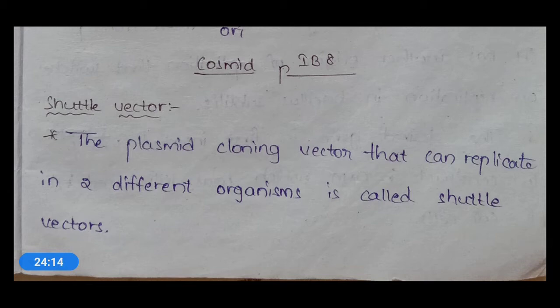Okay, these plasmid cloning vectors can replicate in two different organisms. That means the plasmids which can replicate in two different organisms are specially called shuttle vectors. Okay, so here it will have two different origin of replication sites.